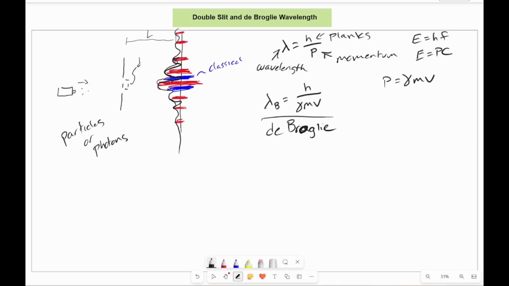And so the first one is if we look at a matter wave, basically the phase is going to be equal to kx minus omega t.